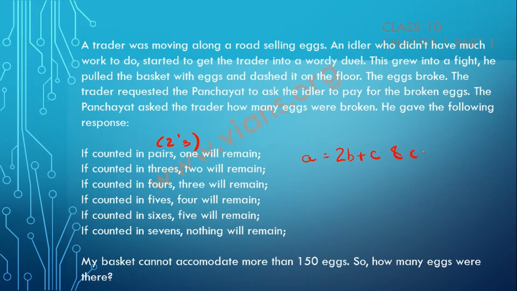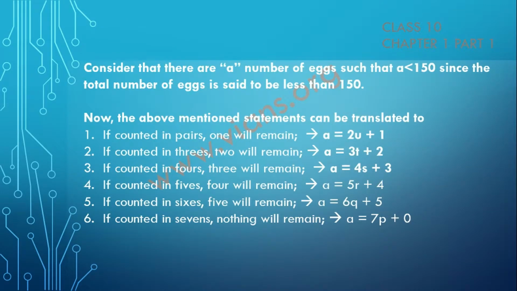This is going to be shown as a is equal to 3b plus c, and c is equal to 2, and so on and so forth. You can write equations like this. So that's what I've shown over here.